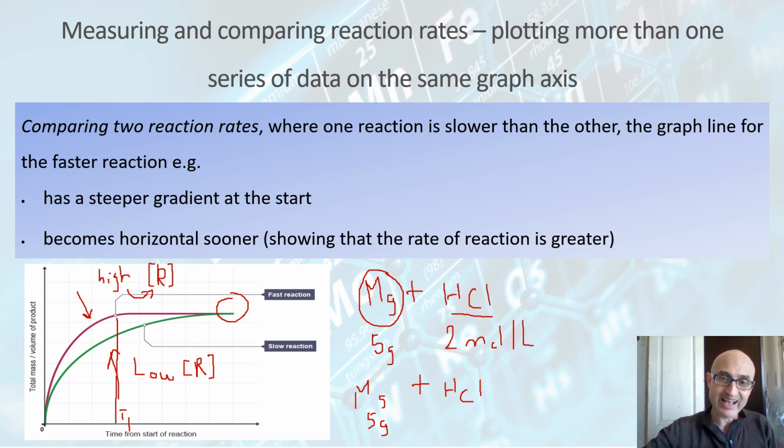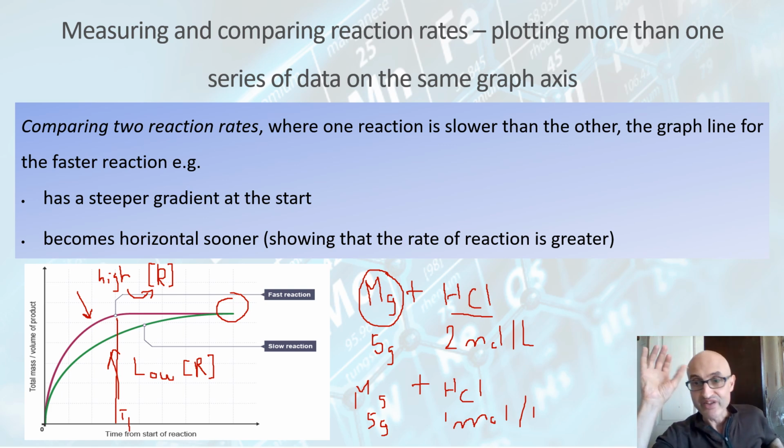There is still acid left over, so there is still enough acid to react with all of the magnesium, and since all of the magnesium will react, it will still produce the same amount of hydrogen. In this case, I am measuring the rate as the rate of production of hydrogen, so the eventual total volume of hydrogen is still the same as when I had the 2 moles per liter.